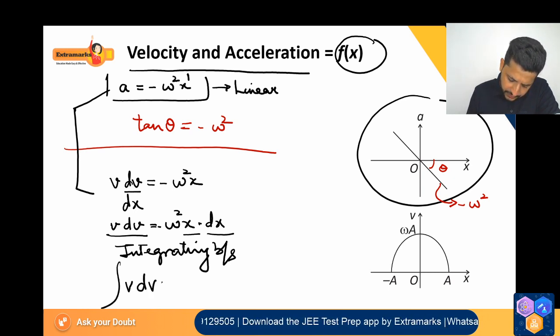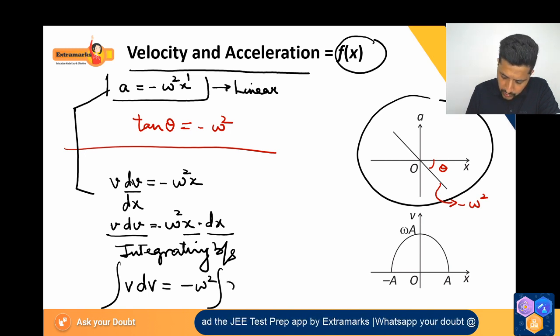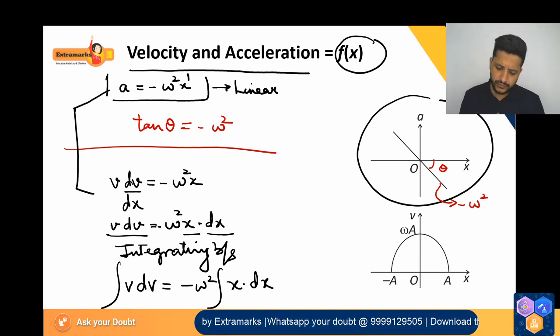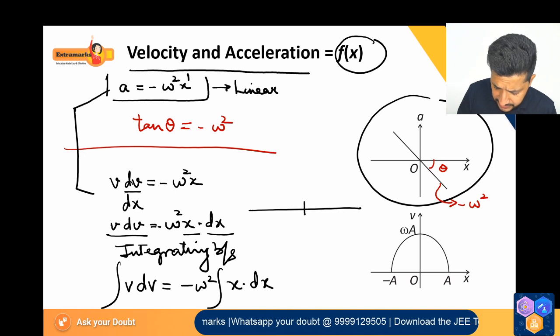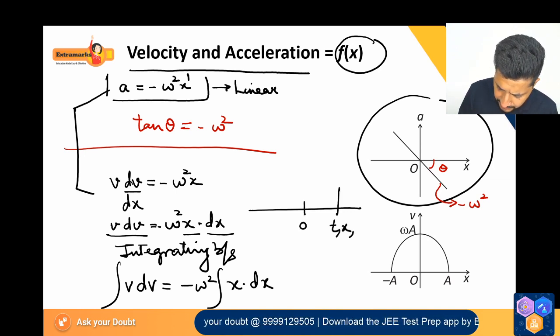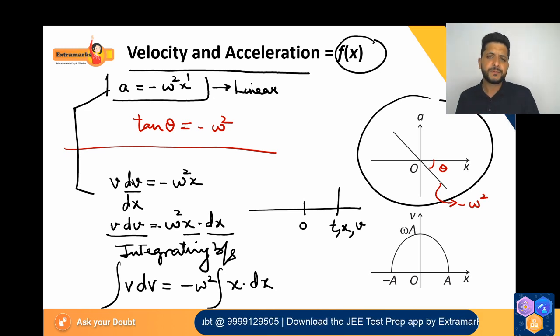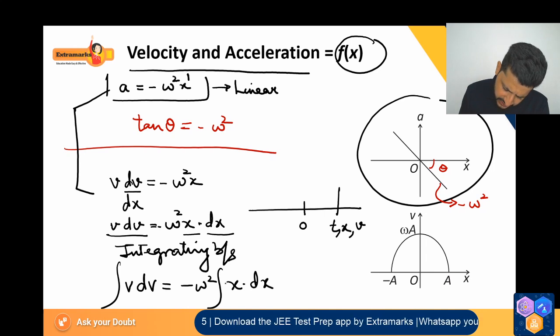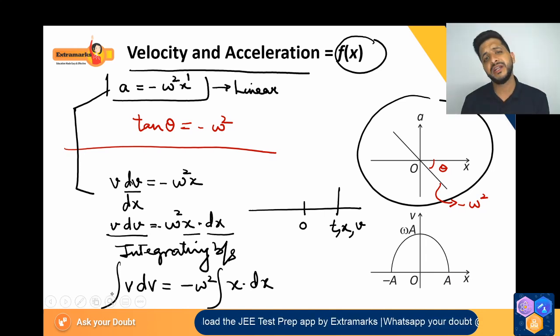Integration of v dv is equal to minus omega square, constants out, integration of what? x into dx. Correct? Now this particle is basically, this is the mean position. Say at any instant t it has a value x, and at this instant its velocity is v. Correct? So at any random value of x, because I have to give limits to this integration.